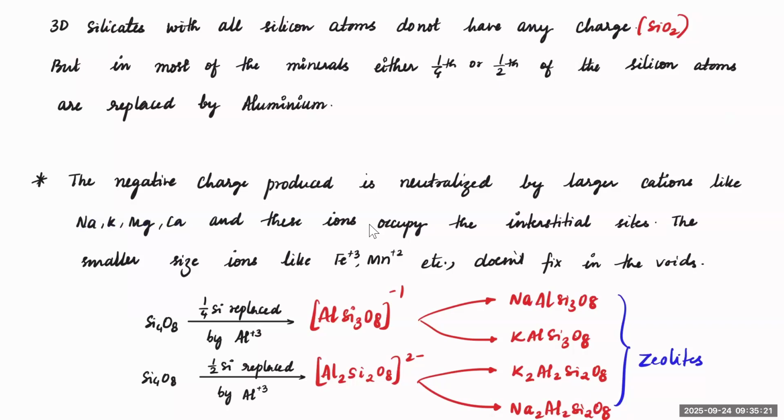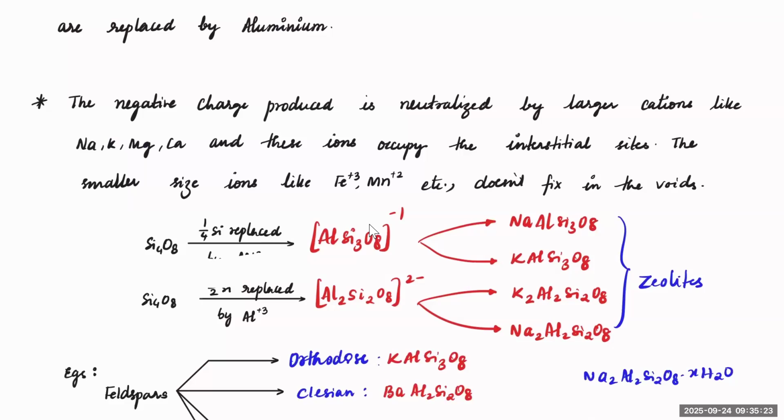For example, here in this case, instead of this Si4O8, imagine one of them is occupied by aluminum, and then silicon is left here.